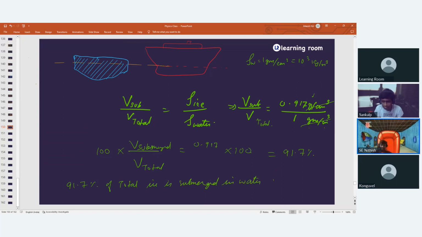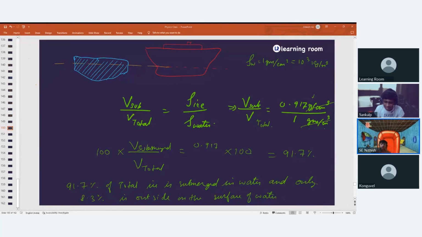How can we tell that, sir? Did you transpose the V total to the other side, so we can tell that in the total volume of the ice, 91.7% of it is submerged?